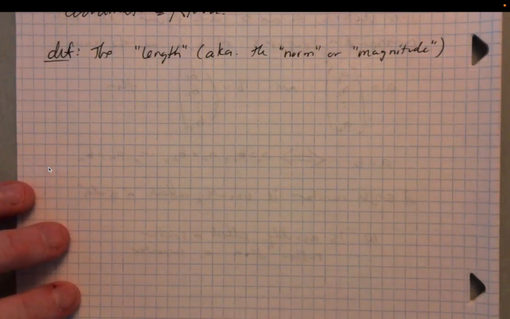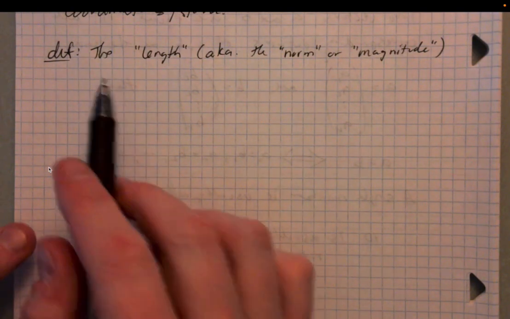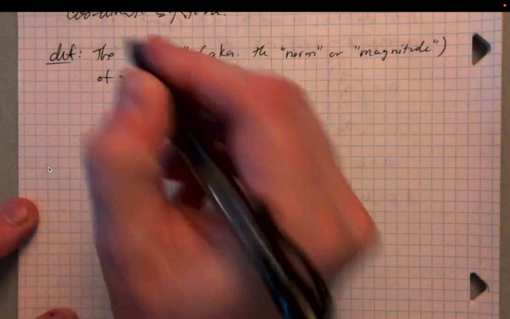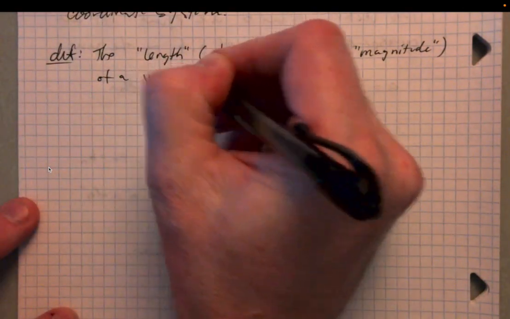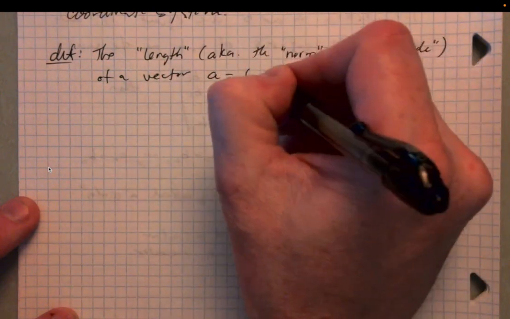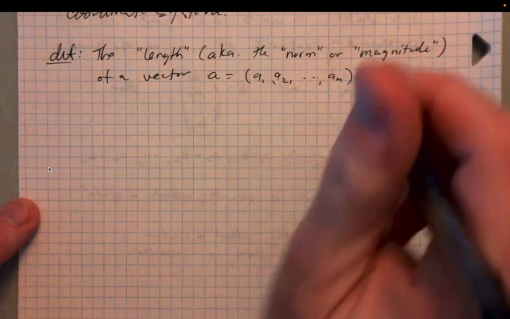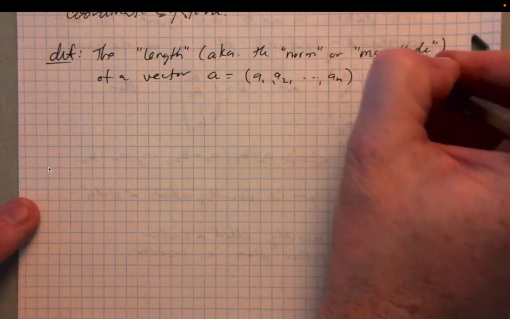I think norm is probably the most typical way we refer to this, but length is certainly probably the most straightforward way to say it. So the length or norm or magnitude of a vector, and we'll say the vector is equal to a1, a2, dot, dot, dot, an, so an n vector in Rn.